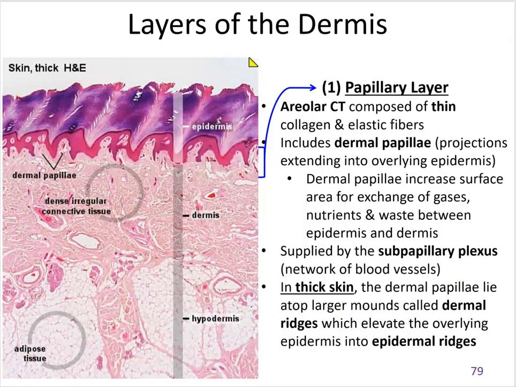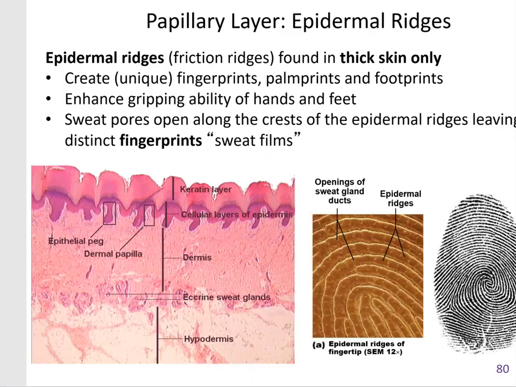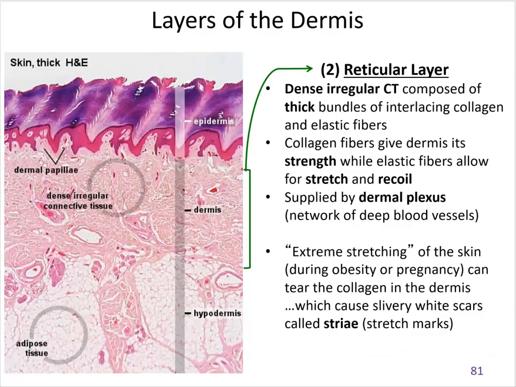And that network of blood vessels is the subpapillary plexus. Papillary, the epidermal ridges. You can just look at that, because these are just your slides. You can look through them. I just want to make sure I'm pointing out the important things.